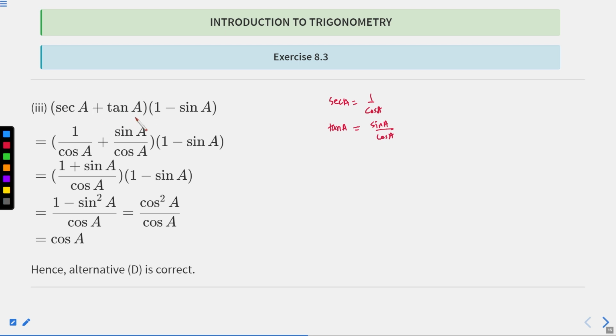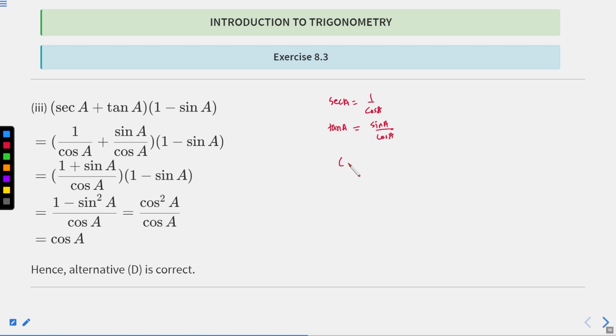So (sec a + tan a)(1 − sin a) is equal to (1/cos a + sin a/cos a)(1 − sin a). Now if we take LCM in the denominator, this is equal to (1 + sin a)/cos a into (1 − sin a).